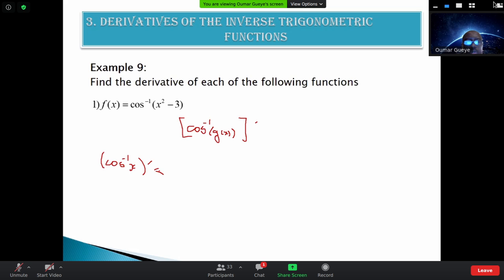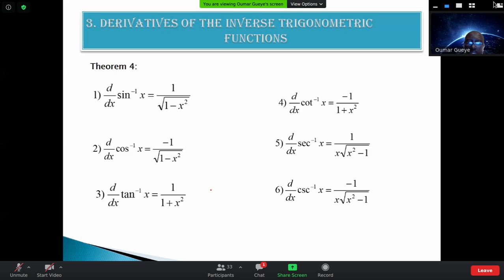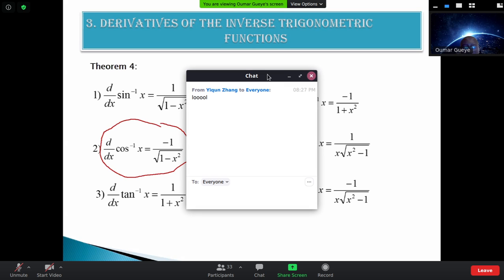This is equal to minus 1 over square root of 1 minus x squared. I'm just reminding you this formula, the derivative of cosine inverse. That's exactly what I copy in the next slide.